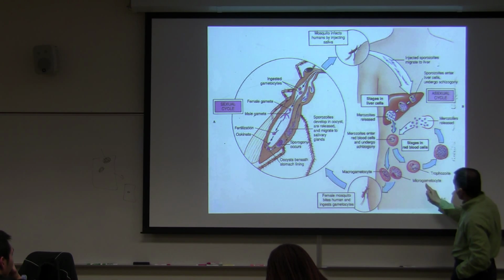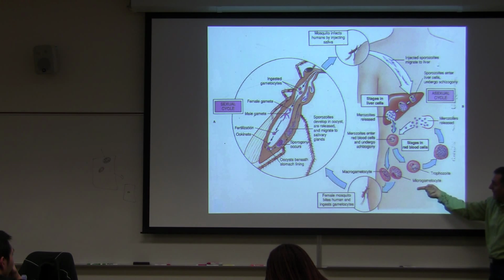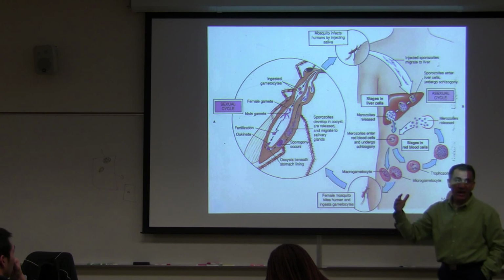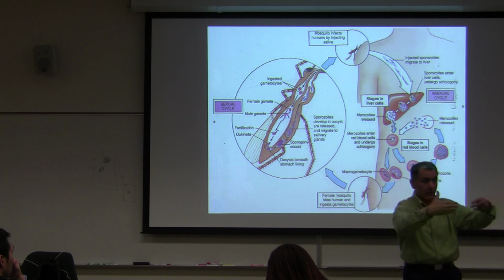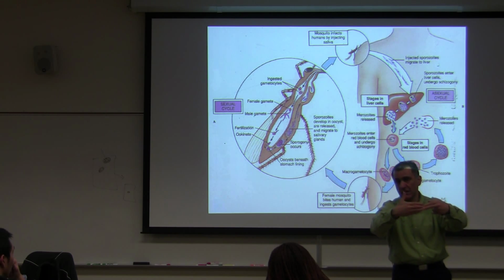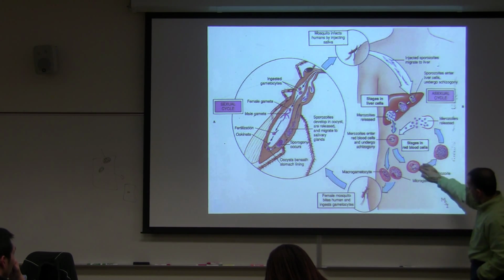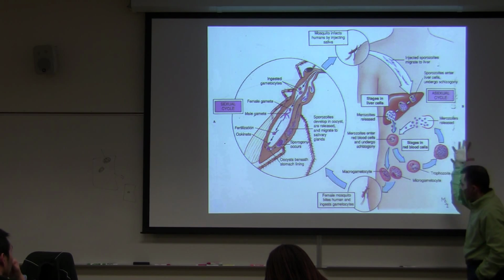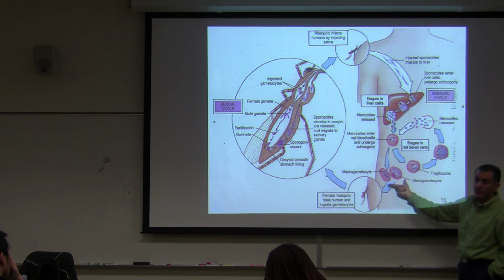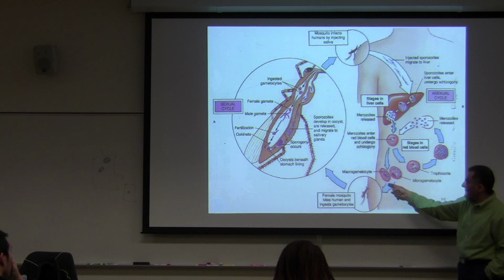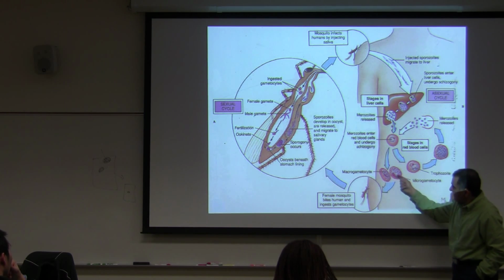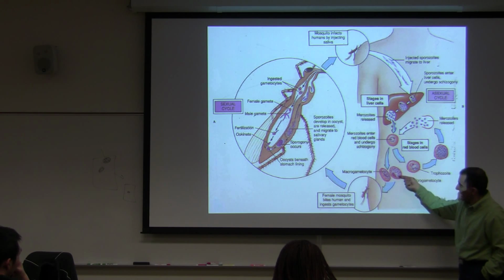So some of the merozoites, not all of them, become microgametes, and some of them become macrogametes. Micro in biology is usually the sperm, and macro is usually the egg, right? So you have microgametes and macrogametes, and of course trophozoites, which feed on red blood cells. Then another mosquito comes and takes a blood meal from a sick person, and in that blood meal you have microgametes and macrogametes.